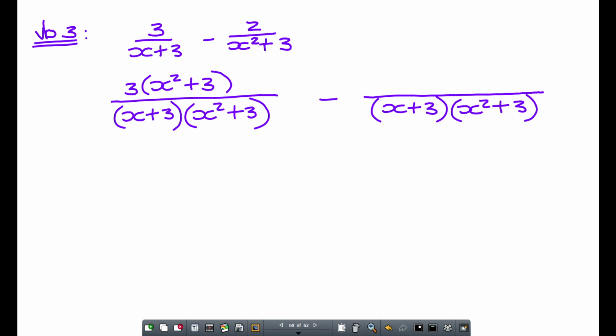Okay, now let's look at the second term. I had 2 there. The denominator I had to multiply with what? Met die x plus 3. So as ek onder sou moet maal met x plus 3, gaan ek bo ook moet maal met x plus 3. Net gou vir die van julle wat dalk nog so bietjie te mekaar is, kyk gou hoekom dit sin maak.